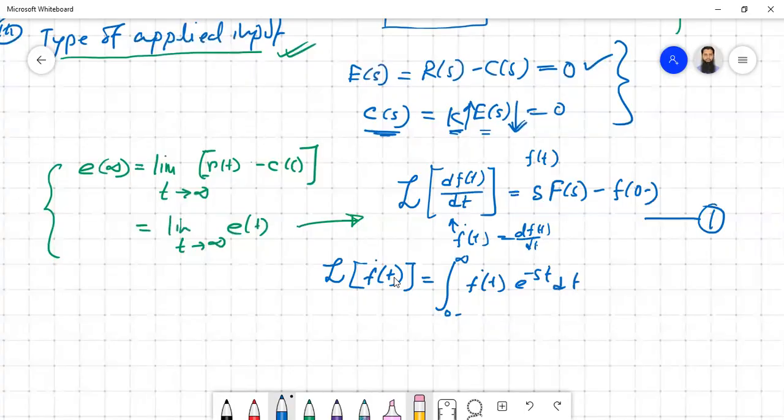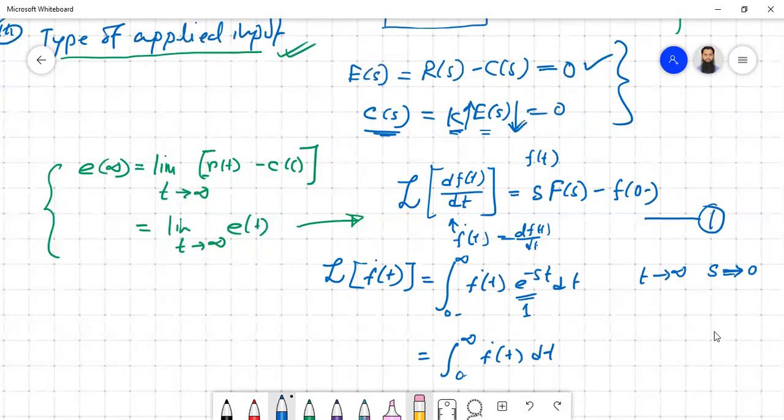Okay, so as t tends to infinity, what will be the value of s? S is the frequency, so s will actually tend to 0. If you replace s by 0, then this quantity will become 1. So what we have is integral from 0 minus to infinity of f dot t dt.